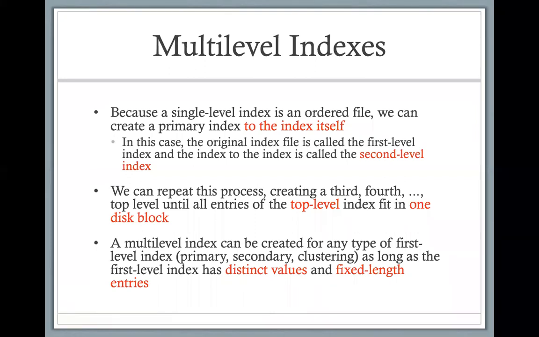And I can repeat this process over and over until the top level index fits in one disk block. Note that the idea of a multi-level index can be created on any type of first level index, as long as it has distinct values and fixed length entries. It makes it easier to maintain.